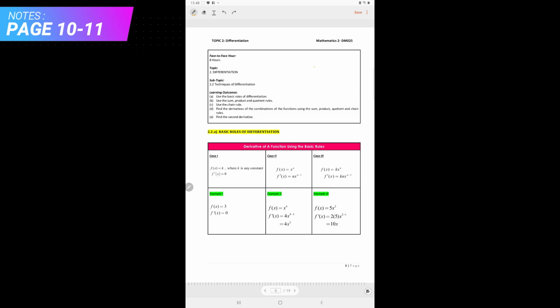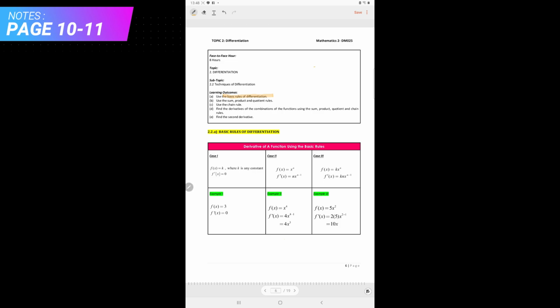So for this video, saya akan ajar the first learning outcome, which is use the basic rules of differentiation. So kita ada 3 basic rules. The first rule is f(x) equal to k, where k is any constant.